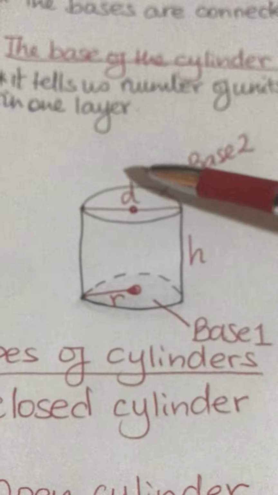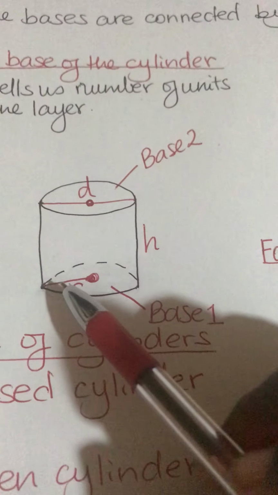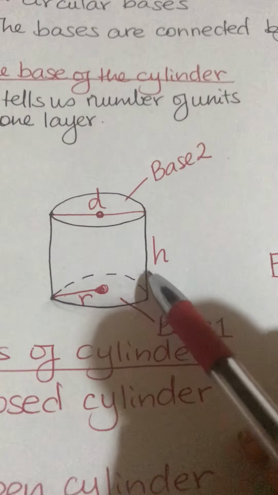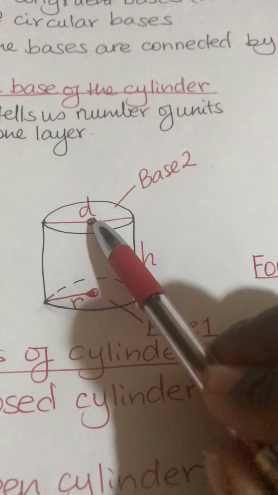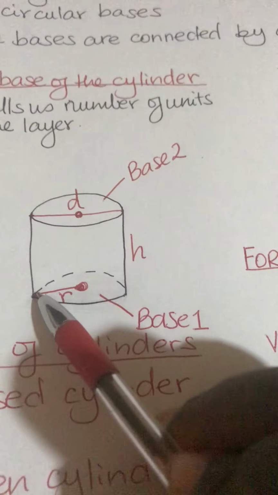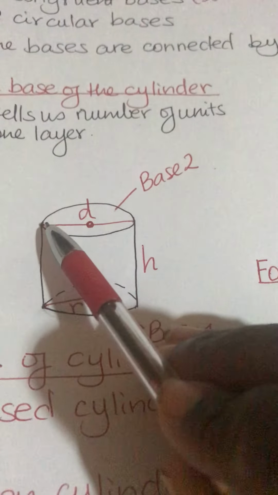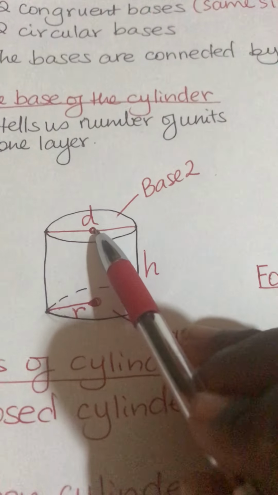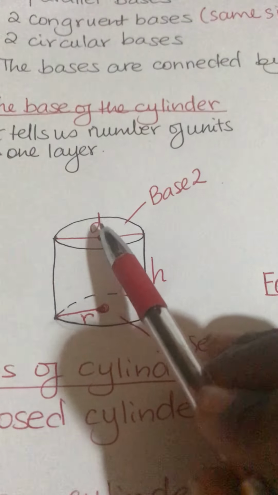Then I drew my picture, and you need to know the parts of the cylinder. In the cylinder, you have a circle, and you either know the radius or the diameter. Remember, the line from the circumference to the center is the radius, and the line from the circumference through the center to the other side of the circumference is the diameter.